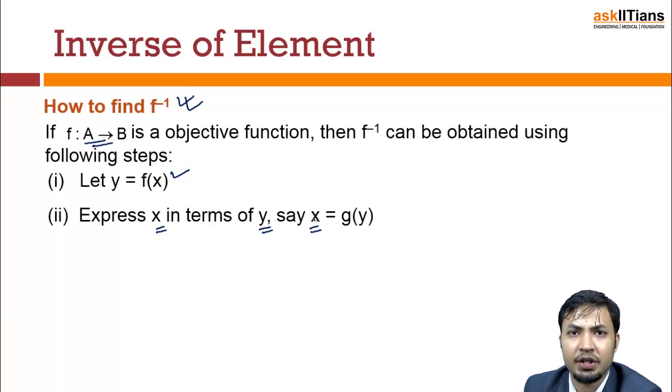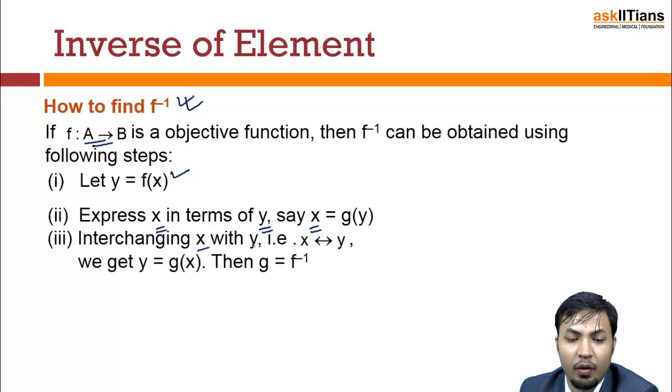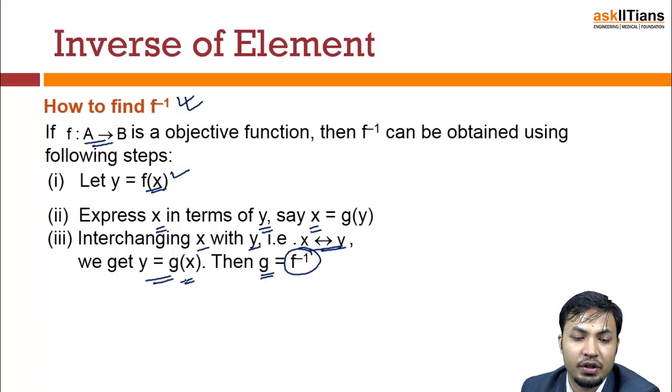Then I interchange x and y, so we get y equals g of x. For some function it was y equals f of x, so I came to y equals g of x, then g is equal to f inverse. Now this new function g will be the f inverse.